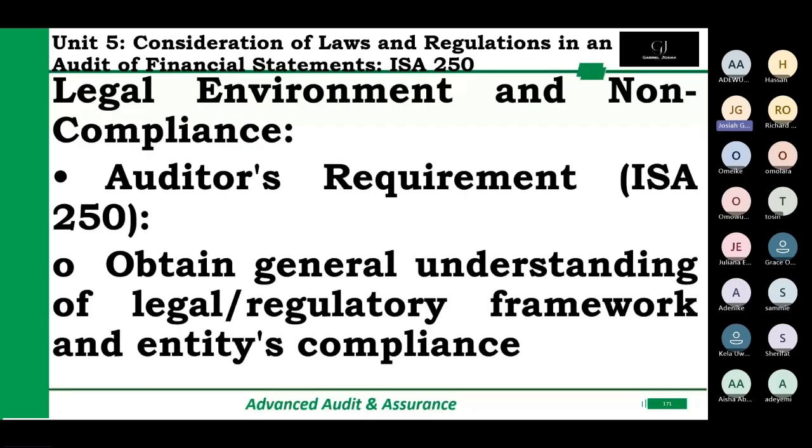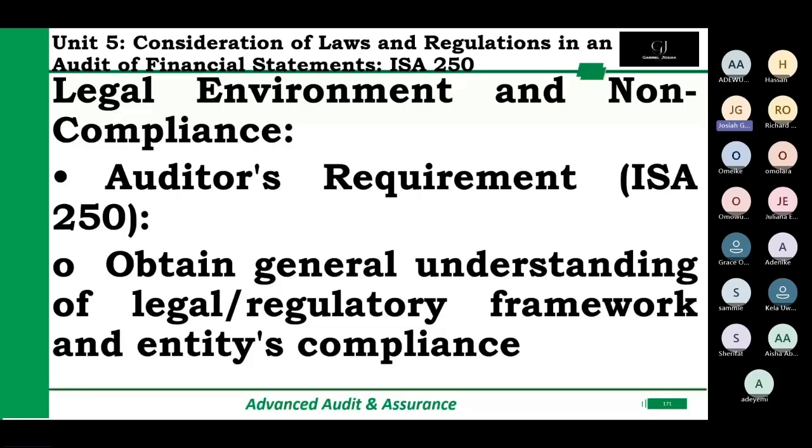So this standard speaks to obtaining a general understanding of the legal and regulatory framework of an entity we are auditing, and their compliance, which is part of ISA 315 on understanding the entity. And that has to do with the industry, the sector where this organization is domiciled.